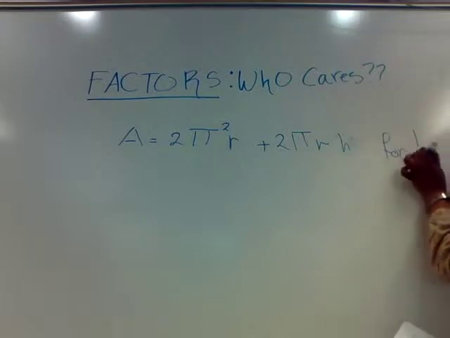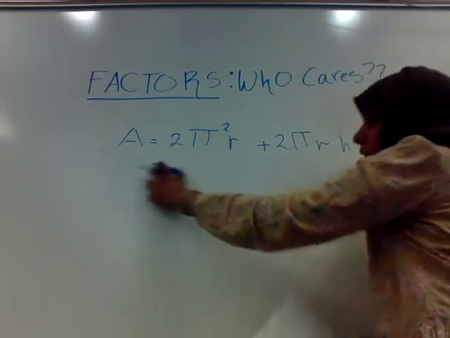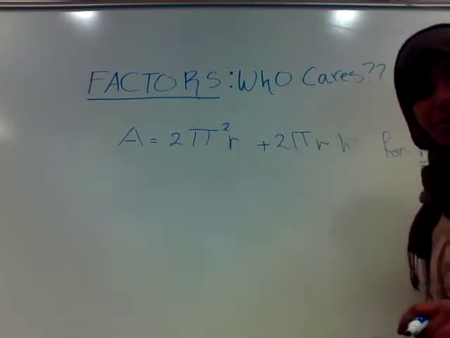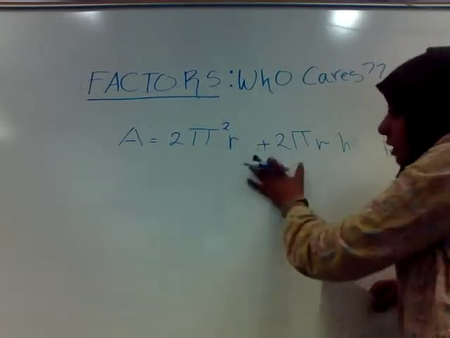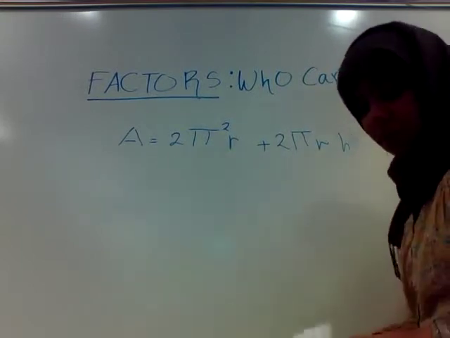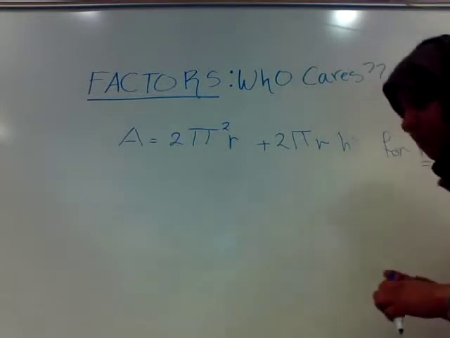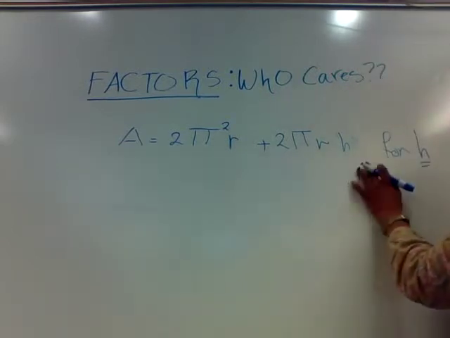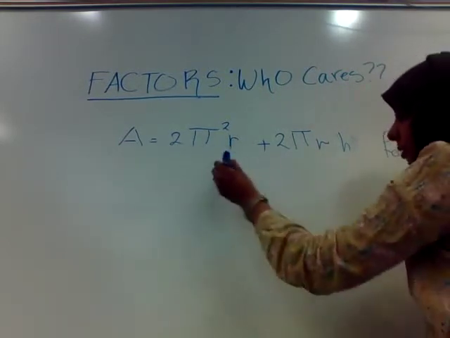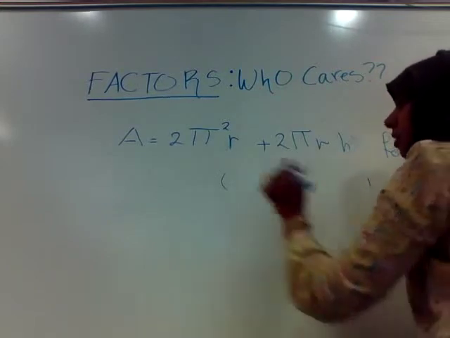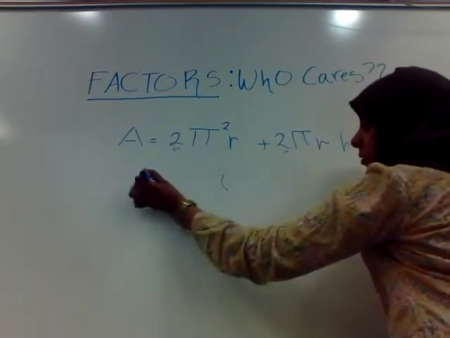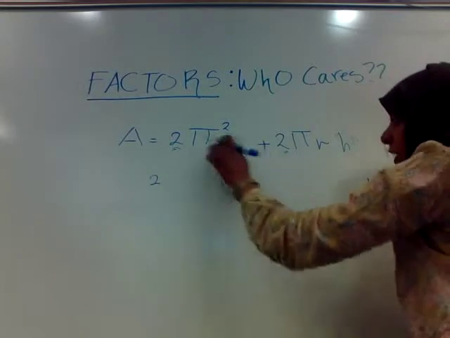First, we're going to factor this part of the equation by taking the common factor. We're going to open parentheses and factor 2π out because we have it on both sides.